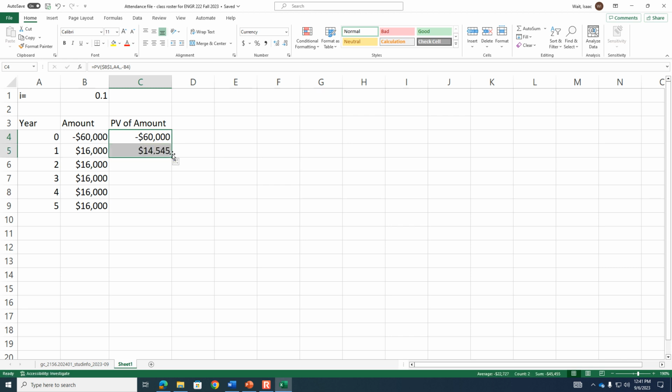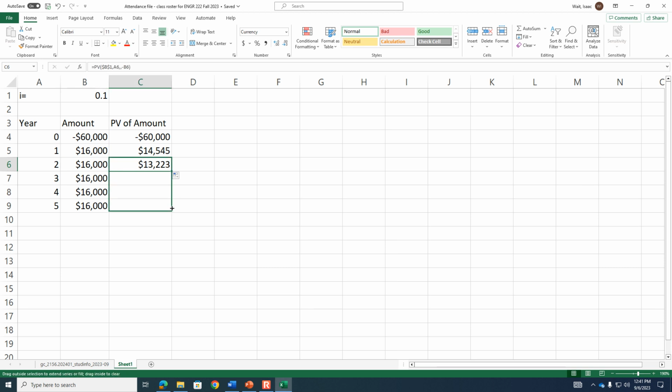If I drag that down here, it says $16,000 in year 1 if you discount it at 10% per year. In year 0, it's worth $14,595. And if I drag it down again, it's going to be an even smaller quantity because there's additional years that this 16,000 would be discounted.